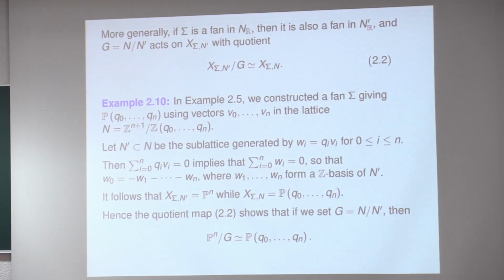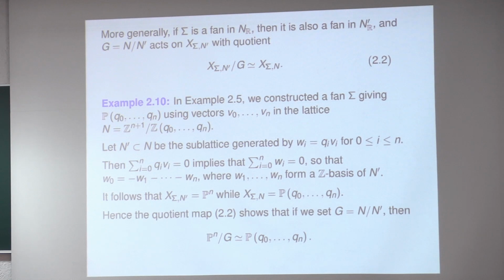What we are saying is that the variety that you get working with respect to the smaller lattice admits a quotient by the group that is the quotient of the lattices, and that quotient is the variety that you get with respect to the bigger lattice. Let's see it in one example.